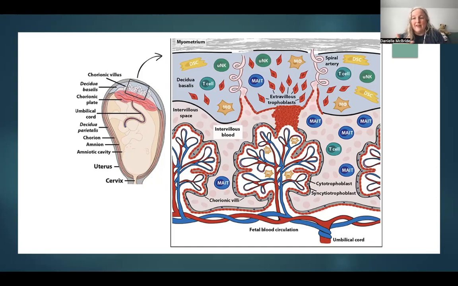Everything diffuses back and forth. So we're not having mixing of blood. The baby's vessels are in here, and then in the intervillous space, mom's blood is there, so that we can have the diffusion back and forth, but the blood's not mixing.